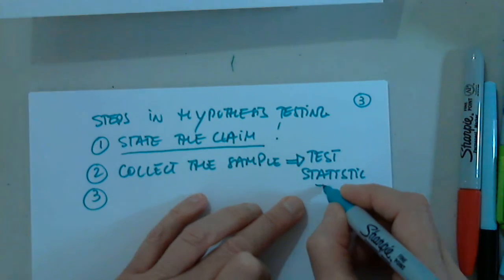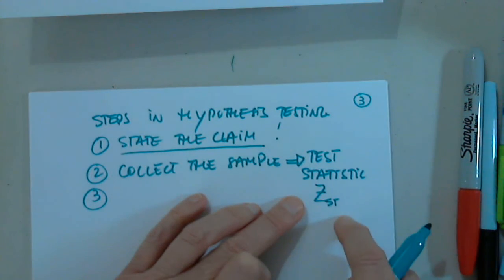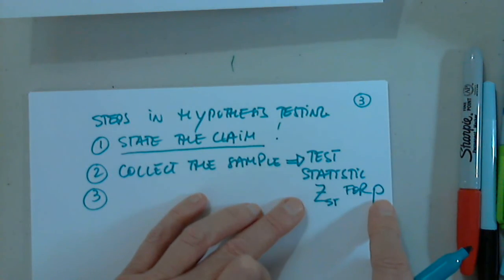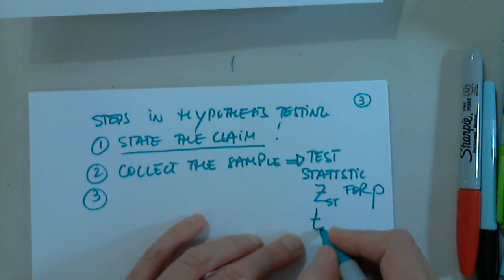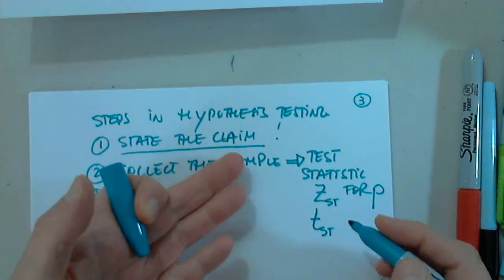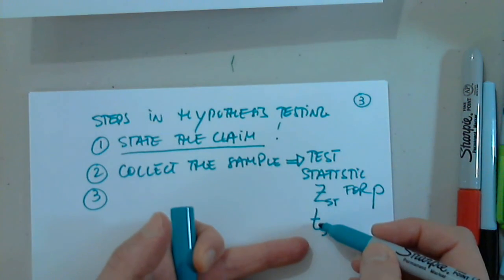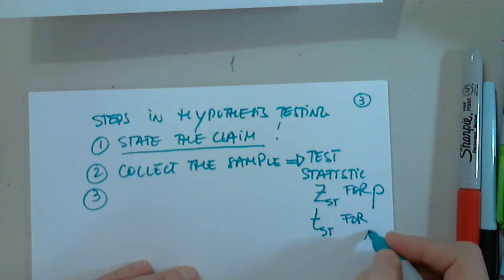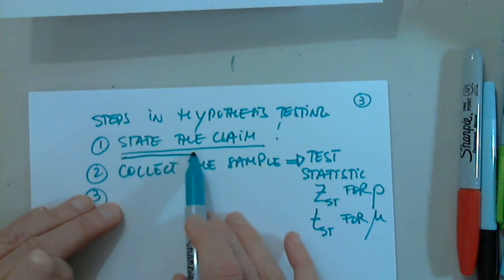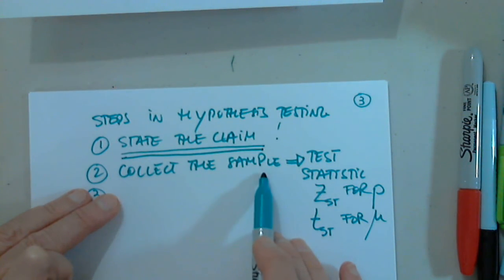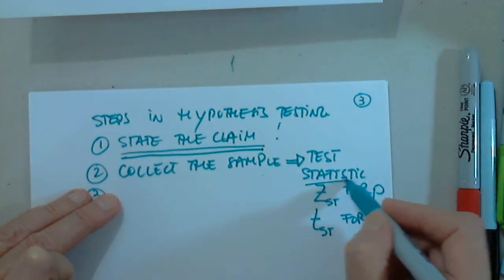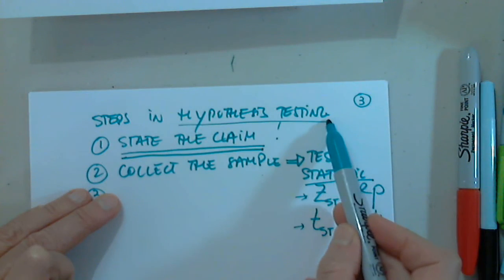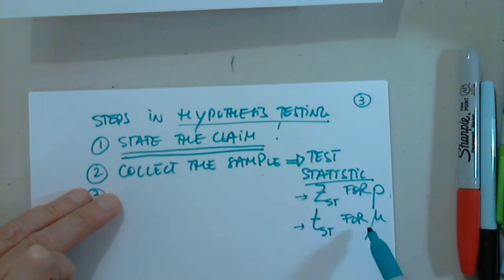It will either be a Z statistic for population proportion, or it will be a T statistic, and you know where these come from: the standard normal, and the Student T distribution, of course for mu. So I state the claim, I collect the sample, I determine a test statistic. It could be this or this, depending on whether the hypothesis is about a proportion or a mean.